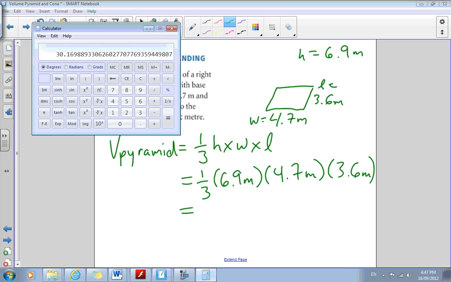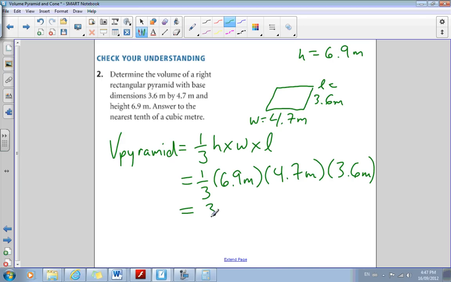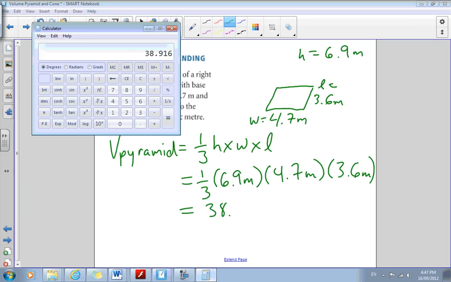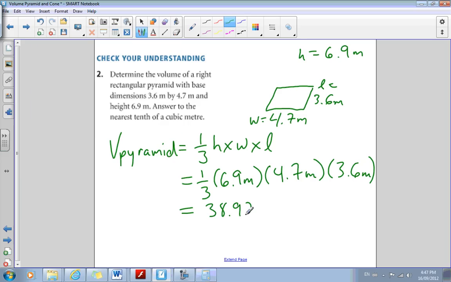So let's type that in. 6.9 times 4.7 times 3.6 gives you 116. Divide by 3 will give you 38.92 meters cubed, because we have meters times meters times meters, which is meters cubed.